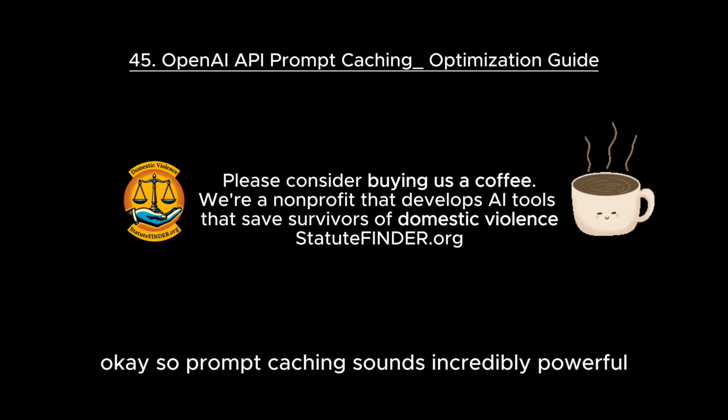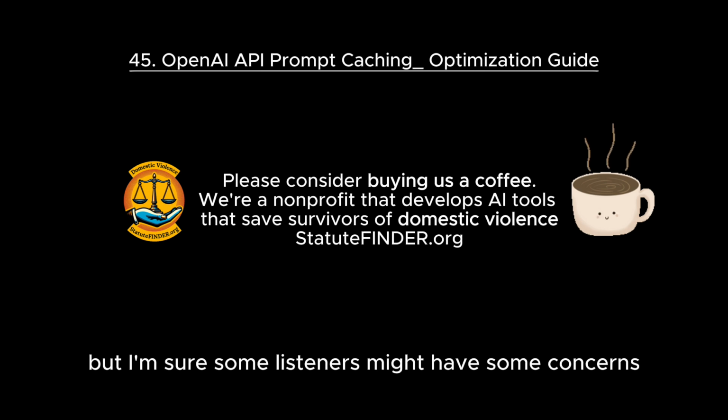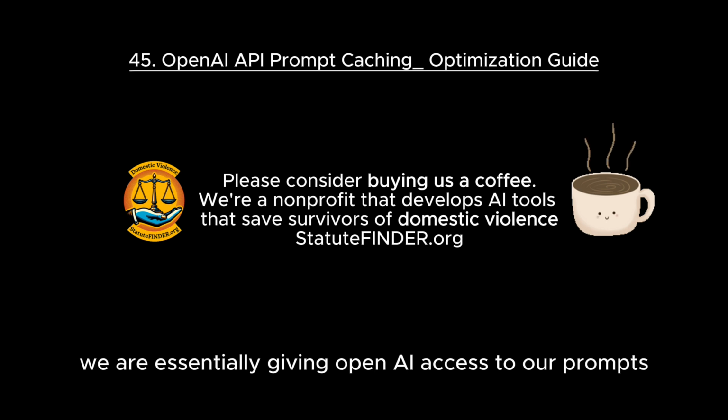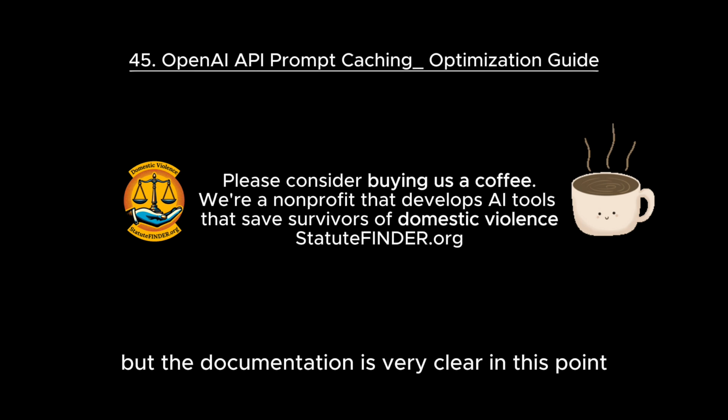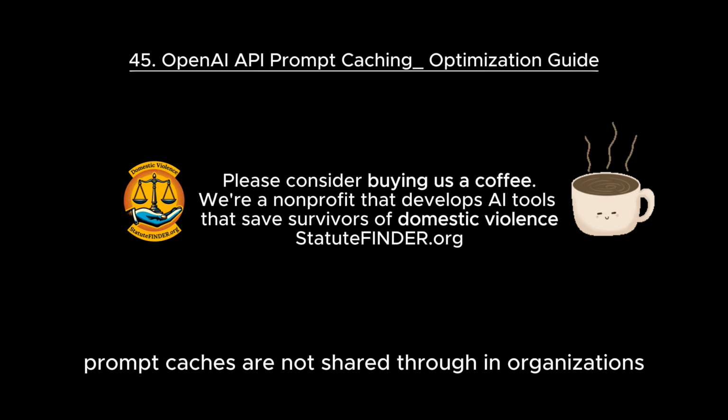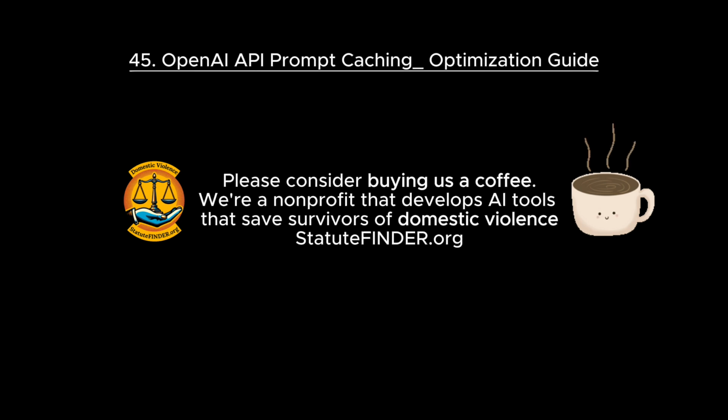Okay, so prompt caching sounds incredibly powerful, but I'm sure some listeners might have some concerns. Like, what about privacy? We are essentially giving OpenAI access to our prompts, right? That's a valid concern, but the documentation is very clear on this point. Prompt caches are not shared between organizations. Your prompts, your data, it's all kept safe and sound within your own organization. Okay, that makes me feel better.